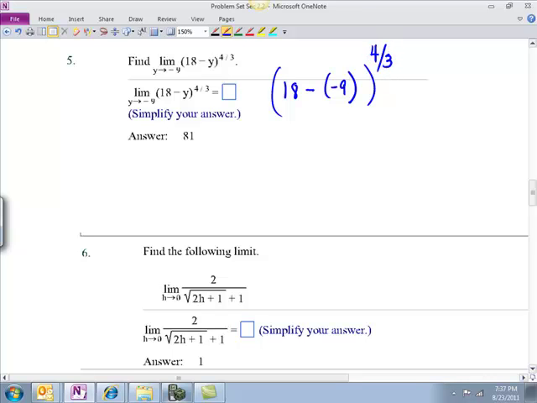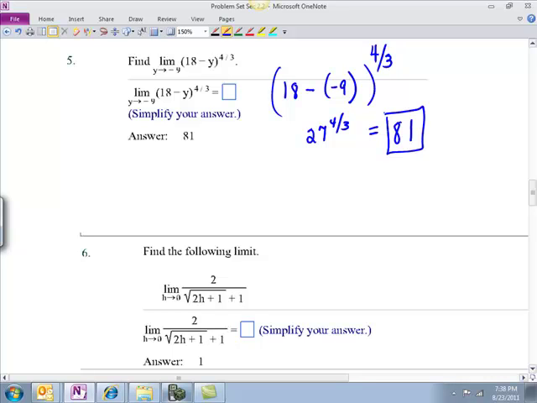You could do it in your calculator. You could actually do it in your head, because what's 18 plus 9? 27 to the 4/3 means third root or cube root of 27, which is what? 3. 3 to the 4th is 81. So you could do that in your head.